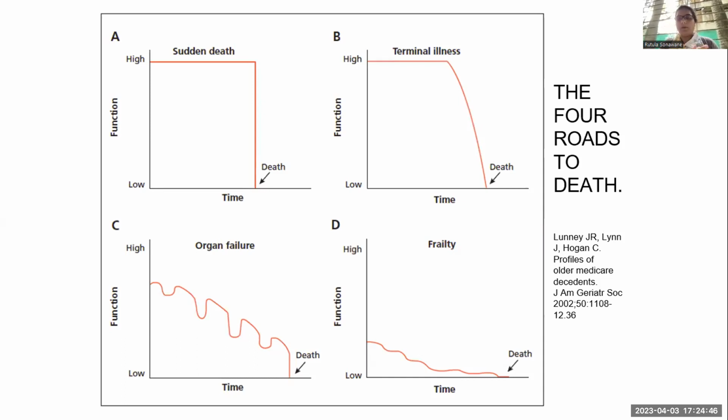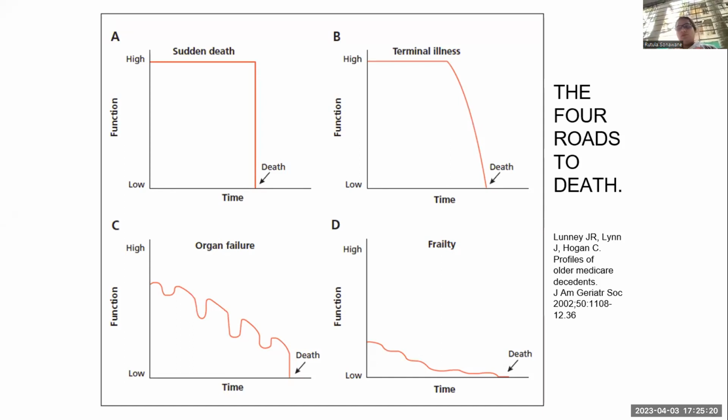That's what we are hoping for, but it's quite rare, and not everyone is lucky enough to have that kind of death. Type B is a terminal illness, more specifically pertaining to oncology cases mostly, where because of the disease-directed treatment that is going on, the health is stable, but once it starts deteriorating, it goes downhill and eventually leads to death.